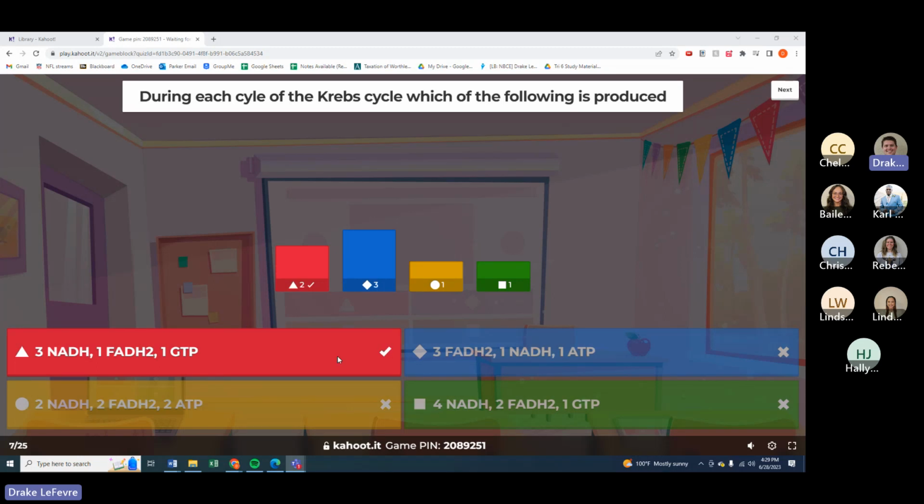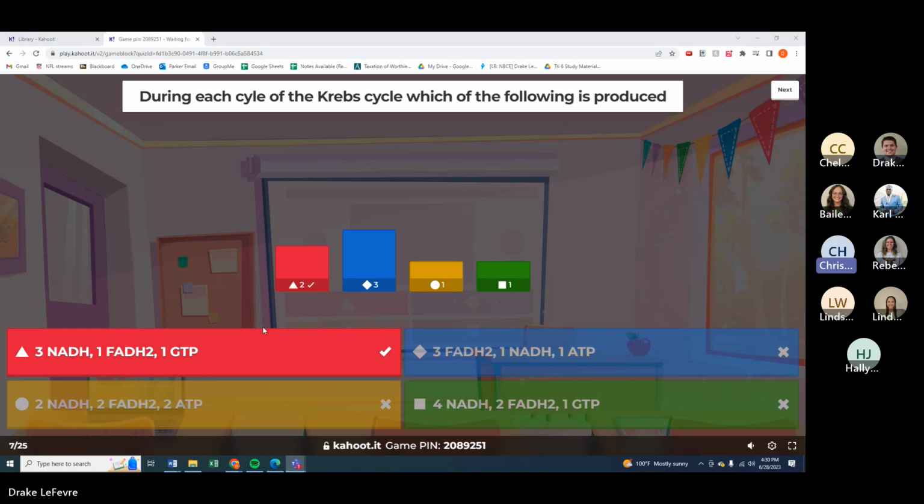What if I ask the question, how many NADH is produced from 1 glucose in glycolysis and the Krebs cycle in an anaerobic environment? Is it still 2? Yeah, that one would be 2. Why would it be 2 instead of 8?